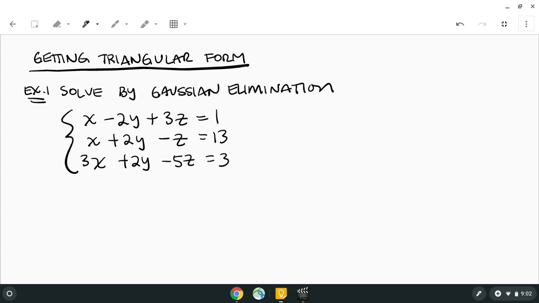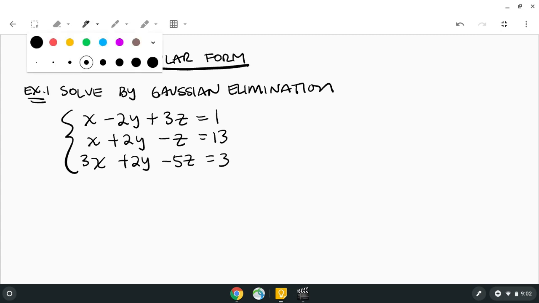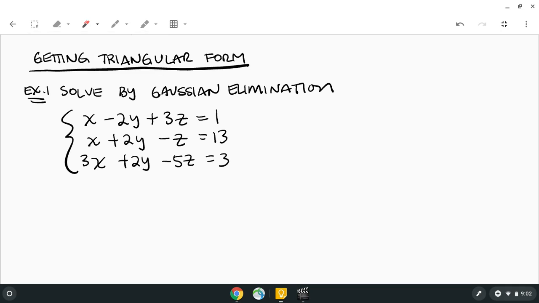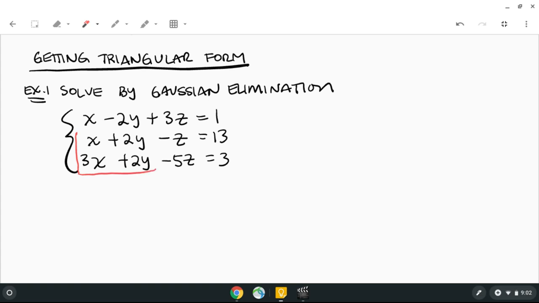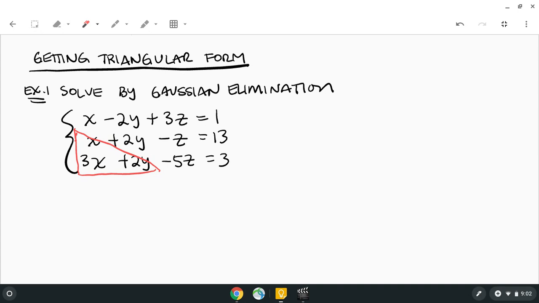Let me highlight them. We need to get this triangle of terms eliminated, and the way we do that is very systematic.